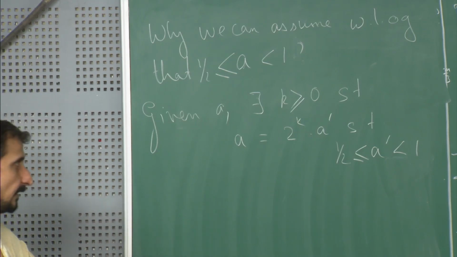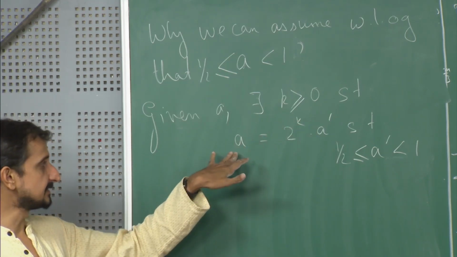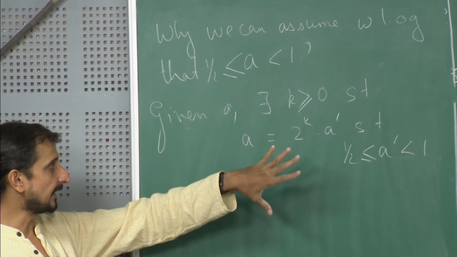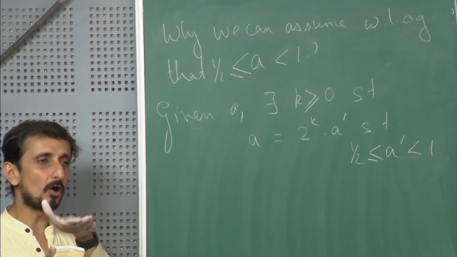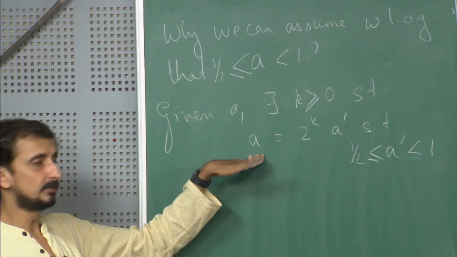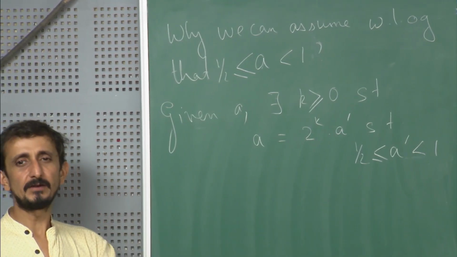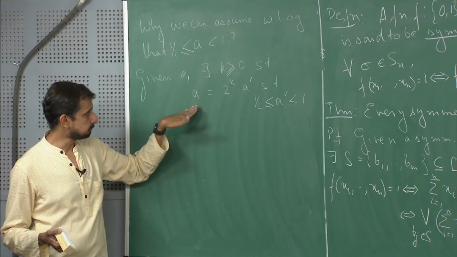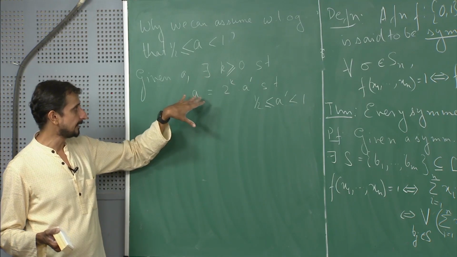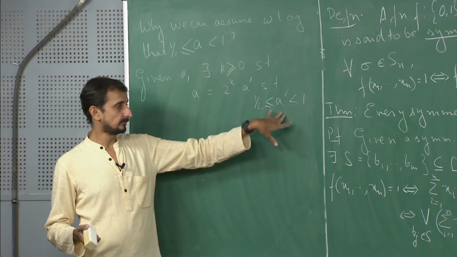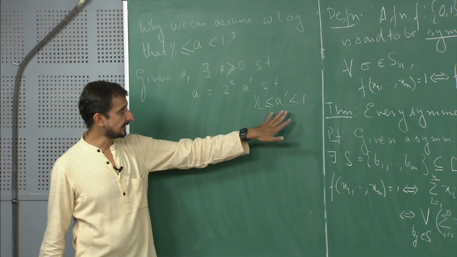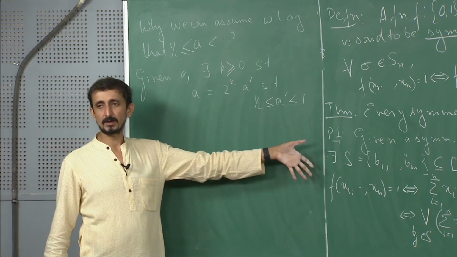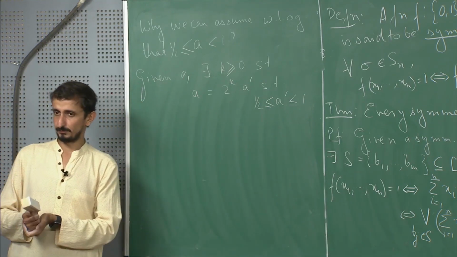And how large is k? So k is as large as logarithmic in a. So you can very easily create a log depth circuit which can do this for you. It will take any number and keep on dividing it by 2, find a number k such that dividing a by 2 to the power k will give you the required number, and then you do the entire process with a prime, and finally we will just multiply it back with 2 to the power k and we will get the original reciprocal.